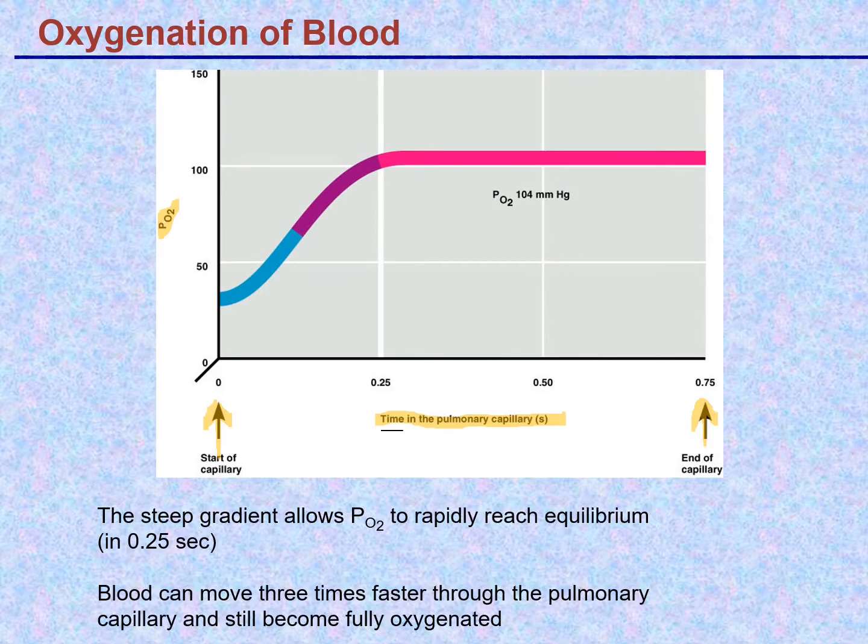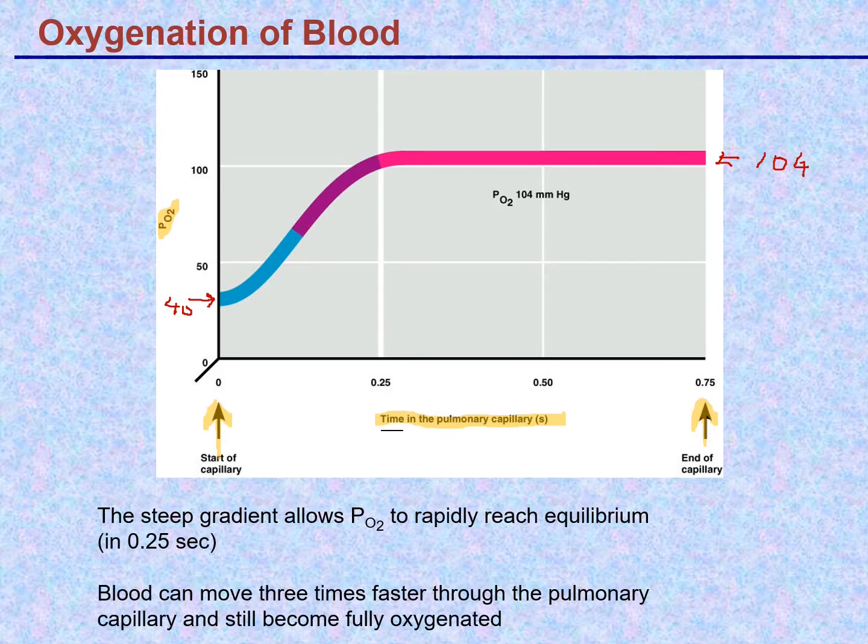The PO2 in the blood is at 40 on this end, and it ends up, this is not a percentage, it's PO2, at 104, in balance with the alveolar partial pressure of oxygen.